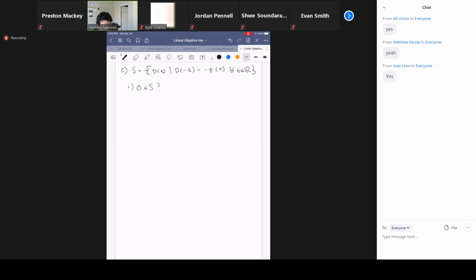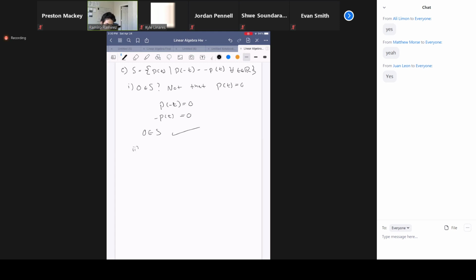Is this true? Well, yeah, of course, right? So note that for P of T equal to 0, P at negative T is just equal to 0, and negative P at T is also just equal to 0. So it definitely is in S.